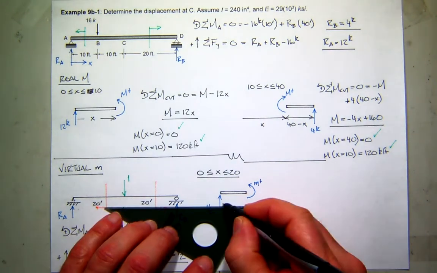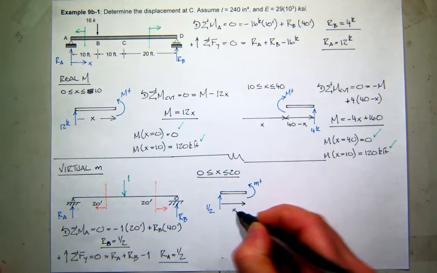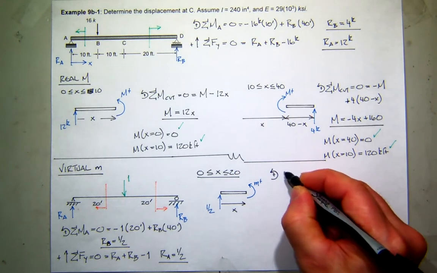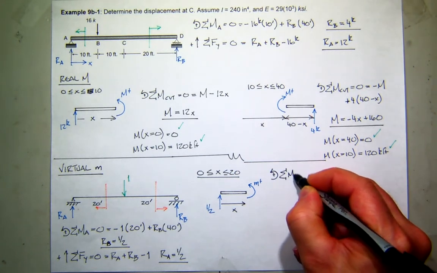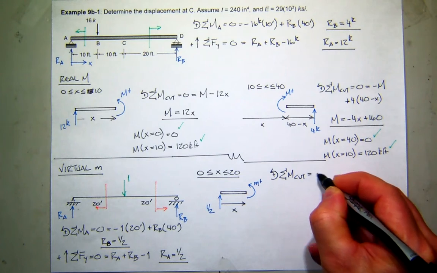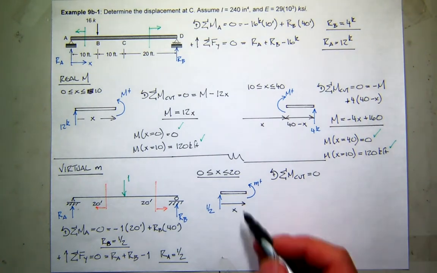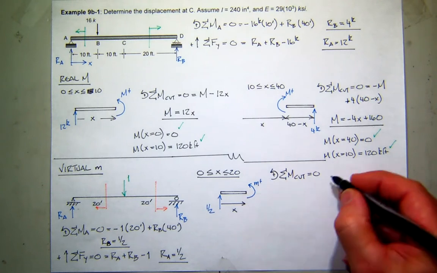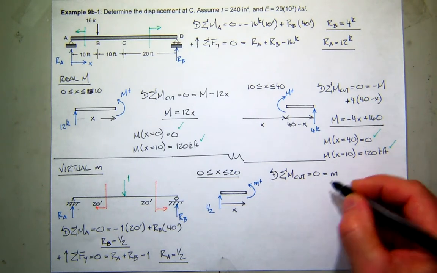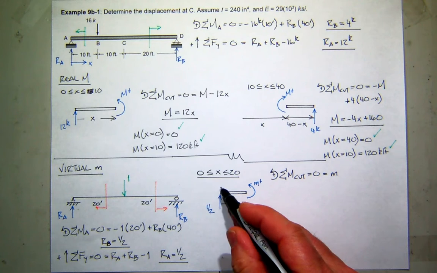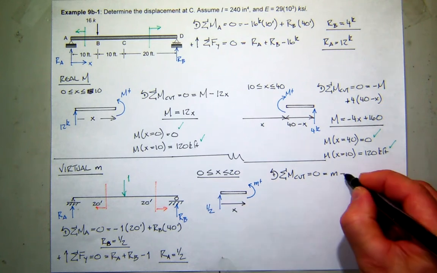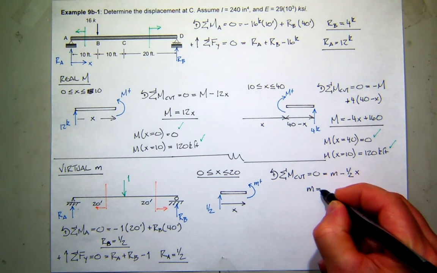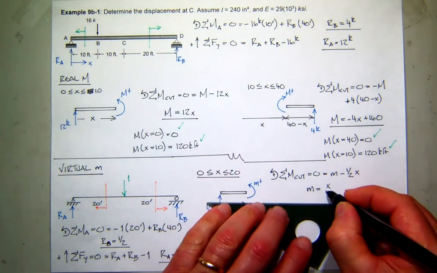And then, of course, the distance to the cut is x. So when I sum moments about the cut surface and make sure it's in equilibrium, I can find this internal moment. And you see that's not too hard. I'm using right-hand rule, so this internal moment would be positive. The moment about the cut due to the 1/2 force would be negative. So force times distance. So the virtual moment will be just x over 2.